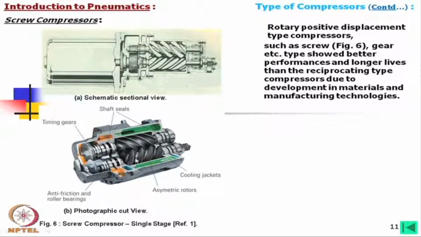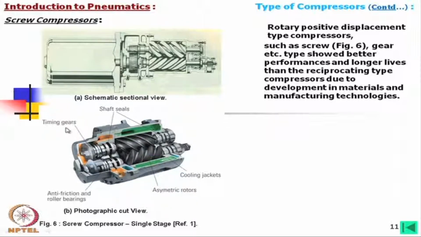If we look into this figure, it looks something like this. These two profiles are not the same, I mean this profile and this profile are not the same. It is not very clear from this figure, but from the side view we can look into this.